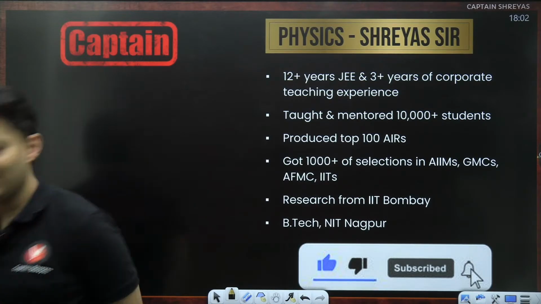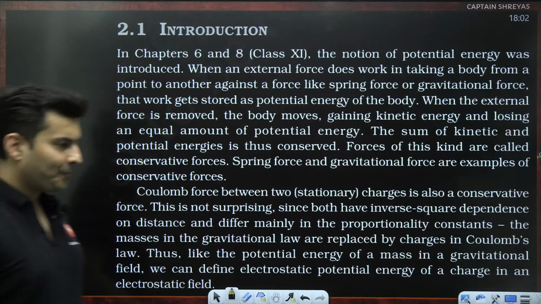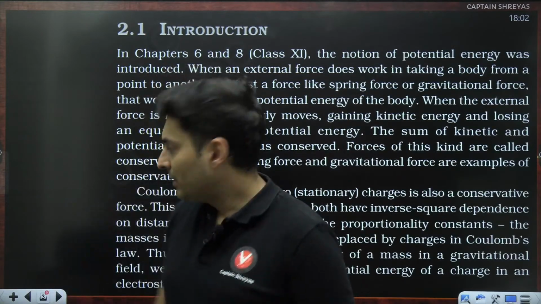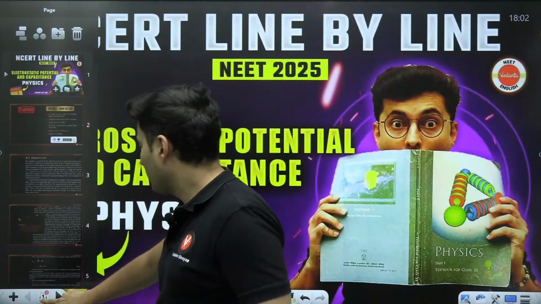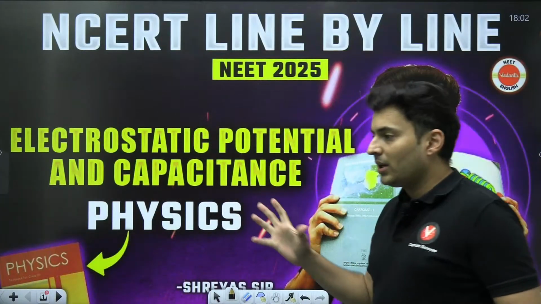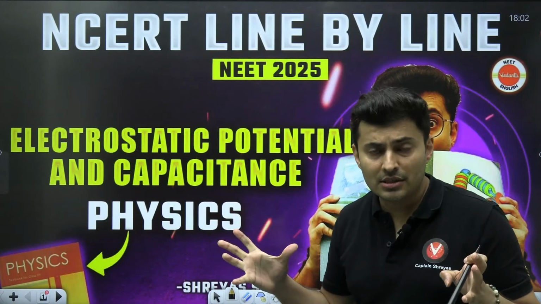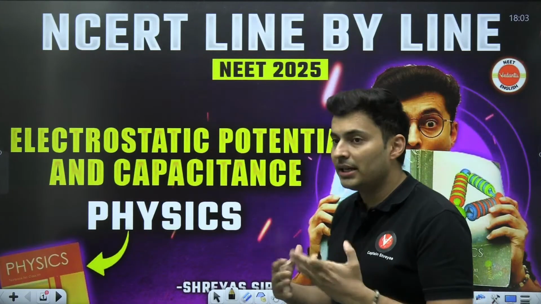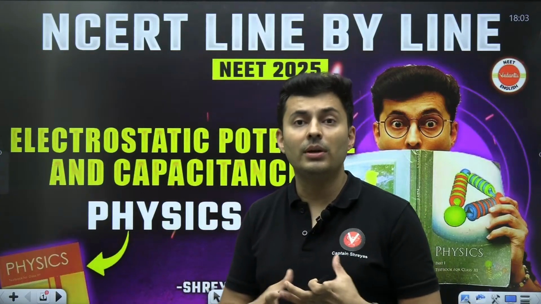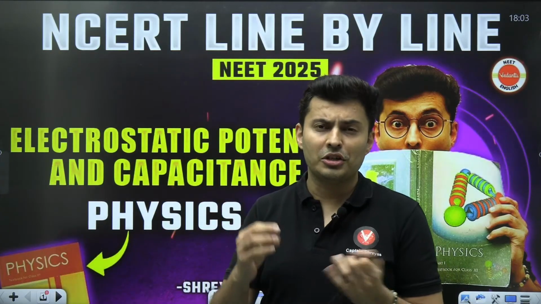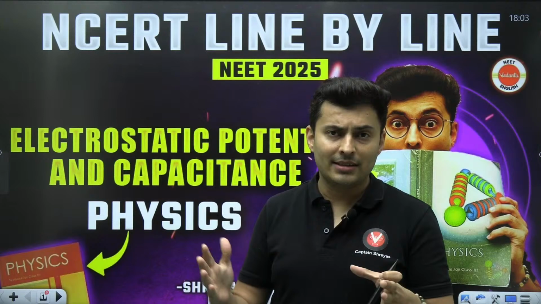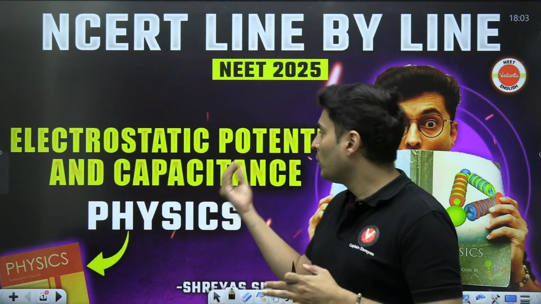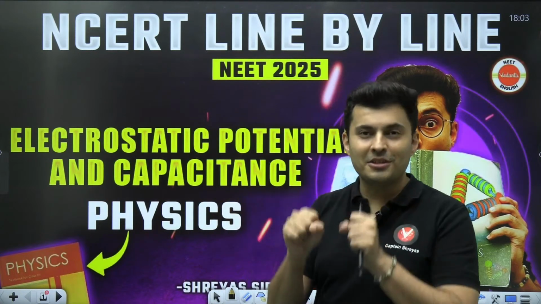So, in this particular chapter, like the name suggests, it's all about discussing potential energies, electric potential, and then also calculating the potential or the energies due to different systems like a charge or a sphere, dipole, etc. And then finally we go to capacitance, which is an energy storing device.